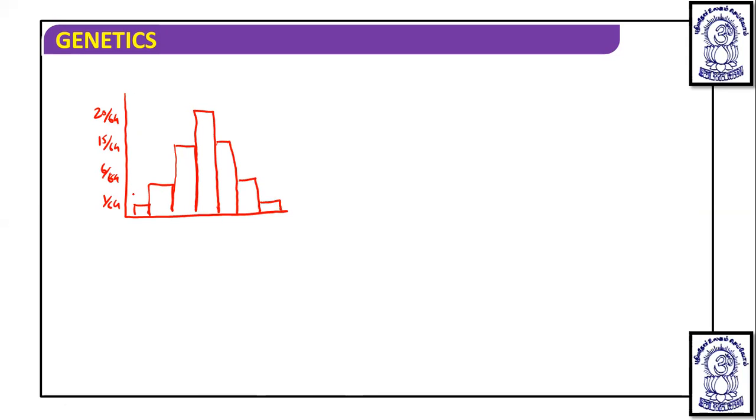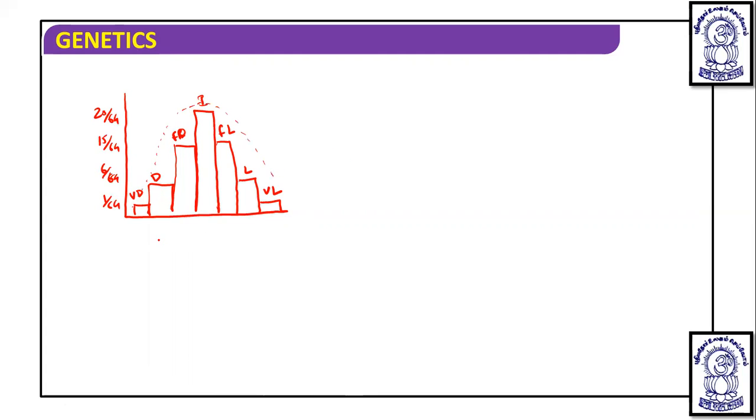Okay, so this is 1 by 64, which is nothing but very dark, then dark, fairly dark, intermediate, fairly light, light and very light. If we draw the same, then you can see a bell-shaped curve like this.